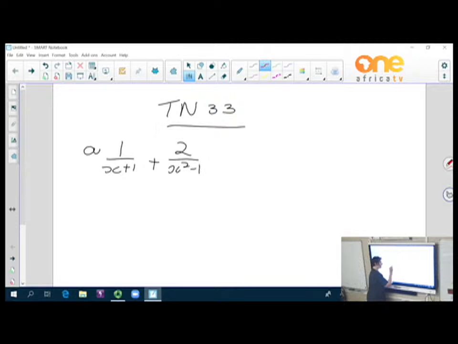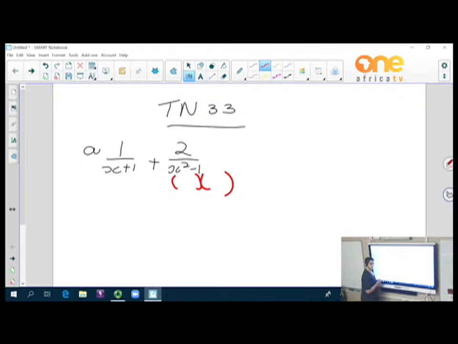And it is now here where we have to factorize. To get the lowest common multiple, you have to factorize. You can do it in another way, but then eventually you must simplify, and then it's very difficult to get to that answer. So we factorize right at the beginning.